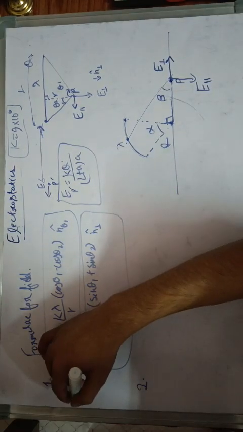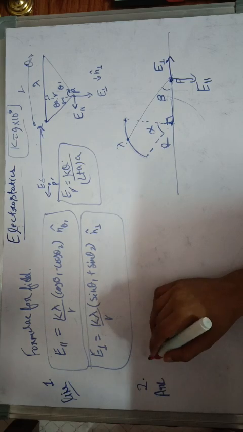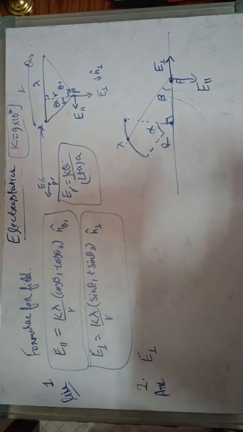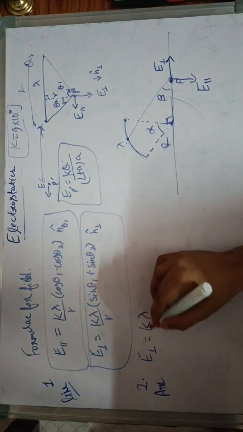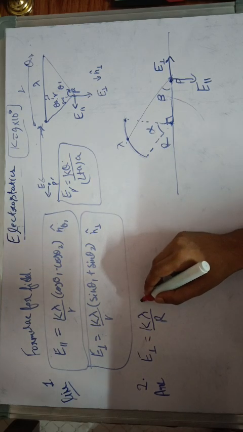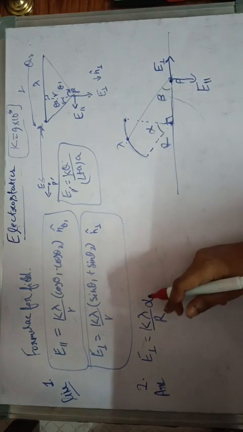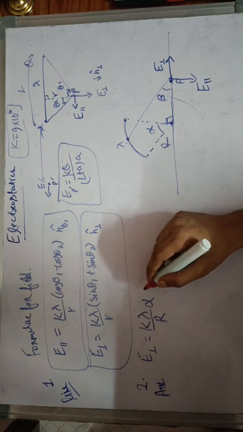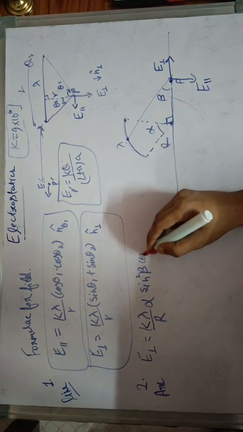This was for a line and this is for an arc. The most important is E perpendicular, which is given by K lambda upon radius r times alpha, multiplied by sine square of beta and cos beta.